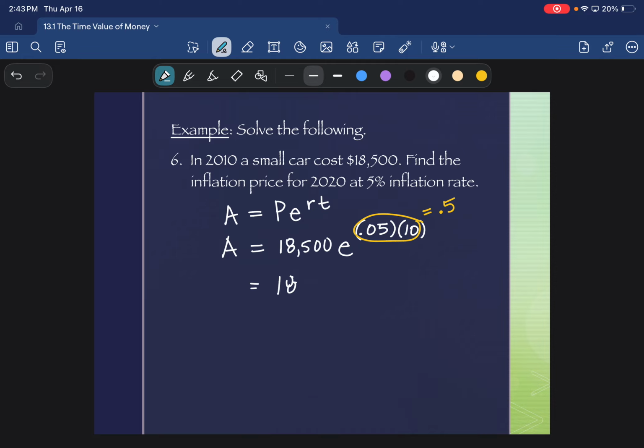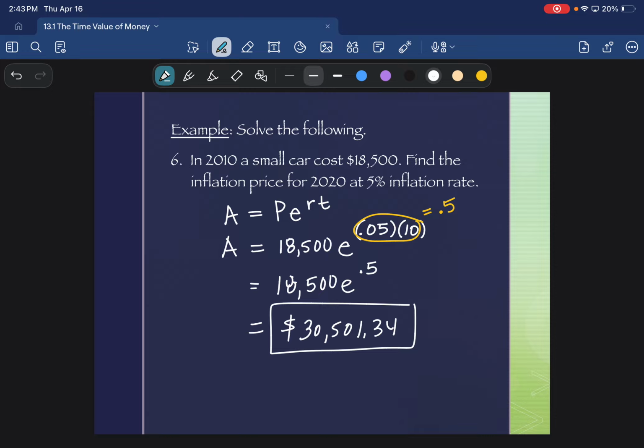So in your calculator, you're going to type in 18,500. You're going to hit the second button and the ln button, which will pull up the E, and your exponent will be the 0.5. You get 30,501 and 34 cents.